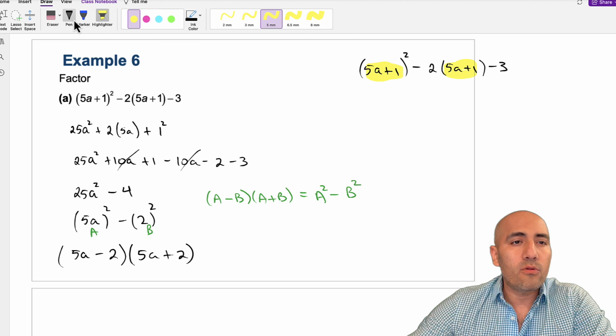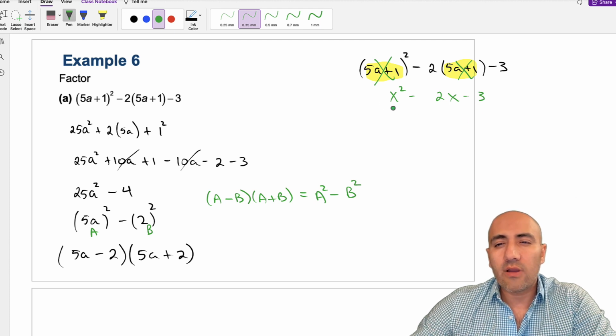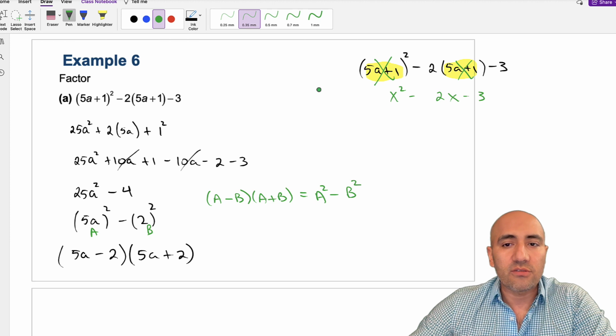So for example, if I think of it as, say, a giant x here, this is the same thing as x squared minus 2x minus 3. So if we can factor that and then come back and treat the x as 5a plus 1, in other words, I can do a substitution. I can let x equal 5a plus 1.